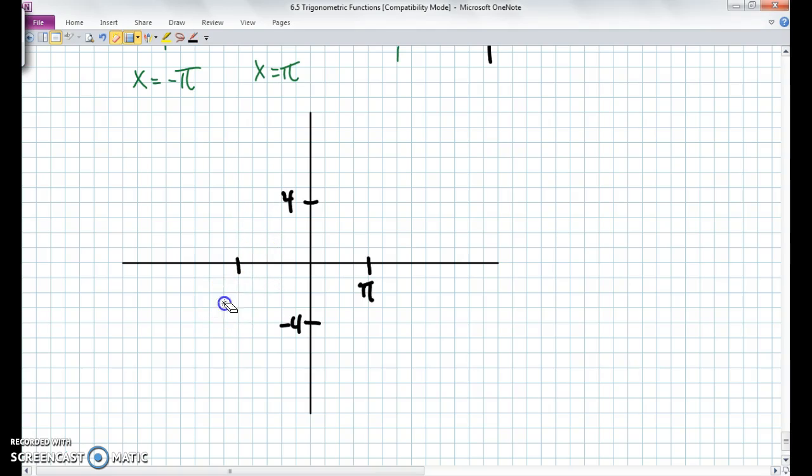Oh, I went too far over there. Okay, and our new function here, if I could look at yours, Will, is y equals 2 tan x.